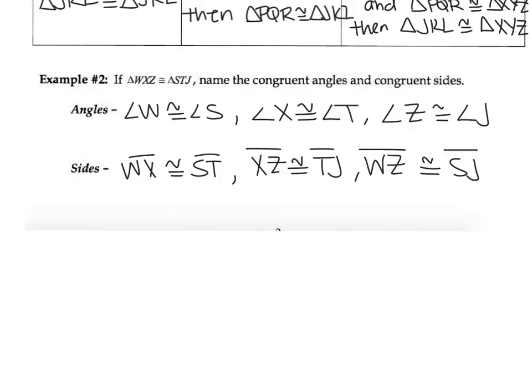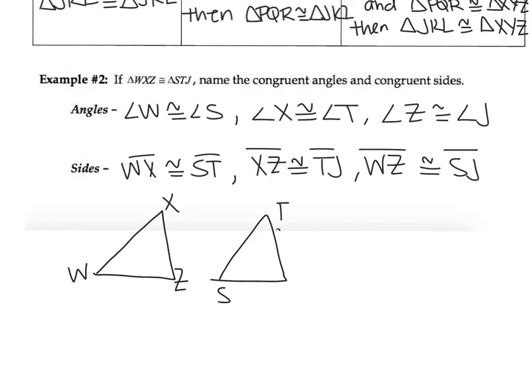Let's go ahead and draw a picture so that you have an idea of what this looks like. I'm not going to promise that these triangles look congruent because I am drawing them freehand, but let's just assume they are. So we have triangle WXZ and triangle STJ.